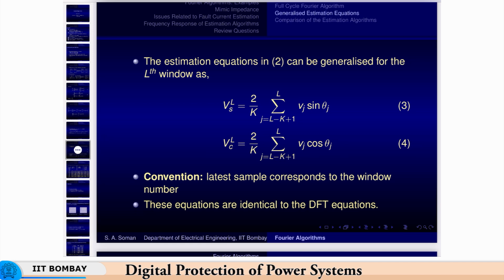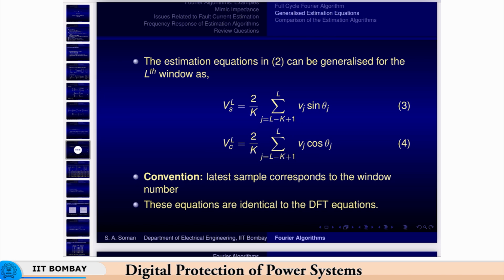Okay. So, to generalize that, if it is the nth sample, then it has to go from, because we have got k samples here, L minus k plus 1, because earlier it was going from 0 to k minus 1.